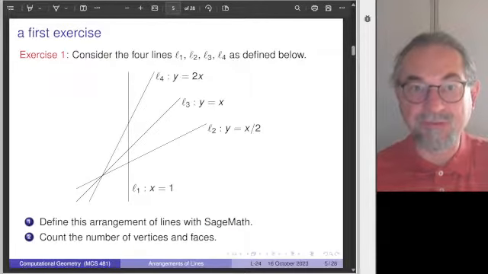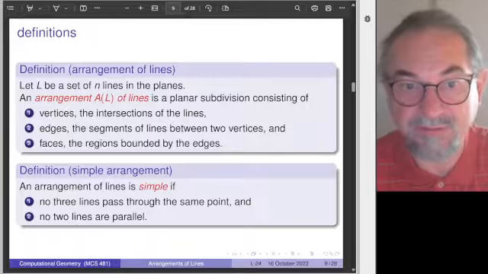These are the regions, also using the SageMath terminology, the regions that are bounded by the edges. They can be polyhedra or they can be polygons. Again, why are they convex? Well, every line defines a half plane. An intersection of half planes is convex.